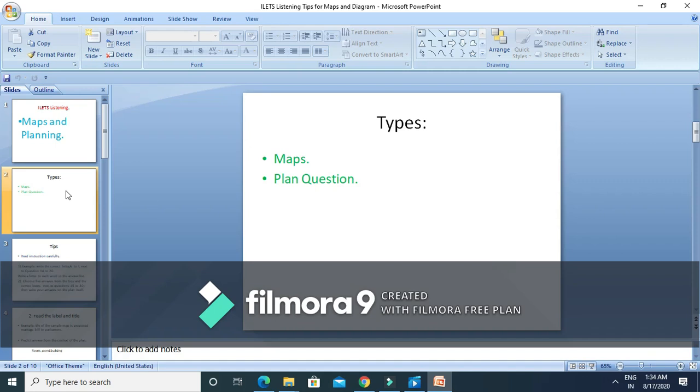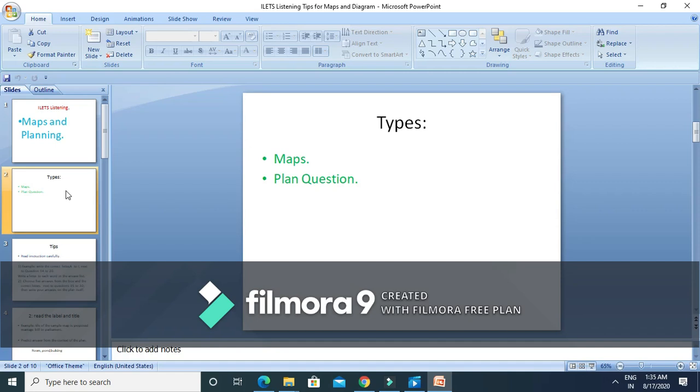You may be given a map of a particular location, then you need to identify where those items are on the given location after listening to the audio. In a plan, you would see a plan of a particular municipality or panchayat or county, and then you need to answer things in a proper sequence, right?